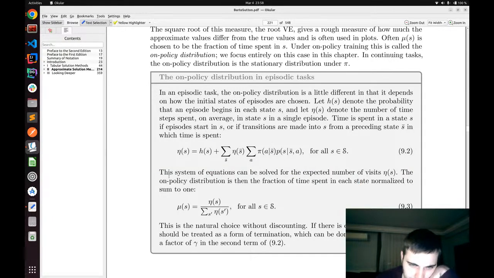Okay, 60% understood that. The system of equations can be solved for the expected number of visits. The on-policy distribution is then the fraction of time spent in each state, normalized to sum to 1.